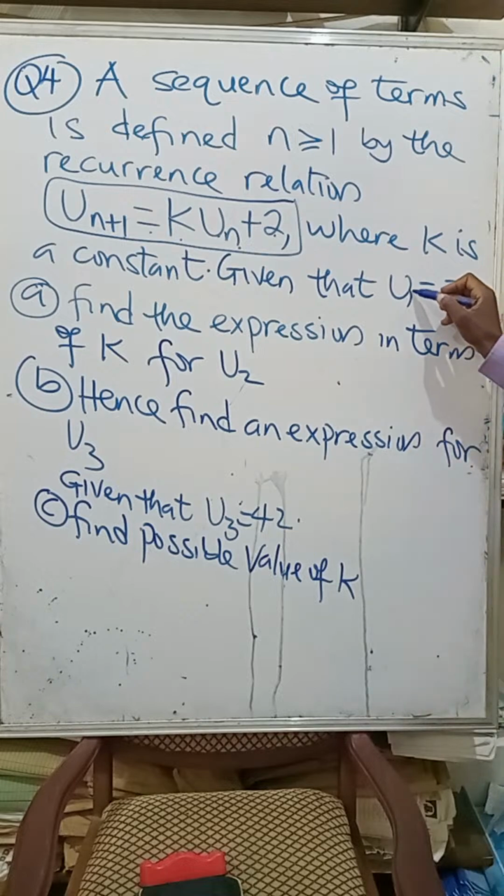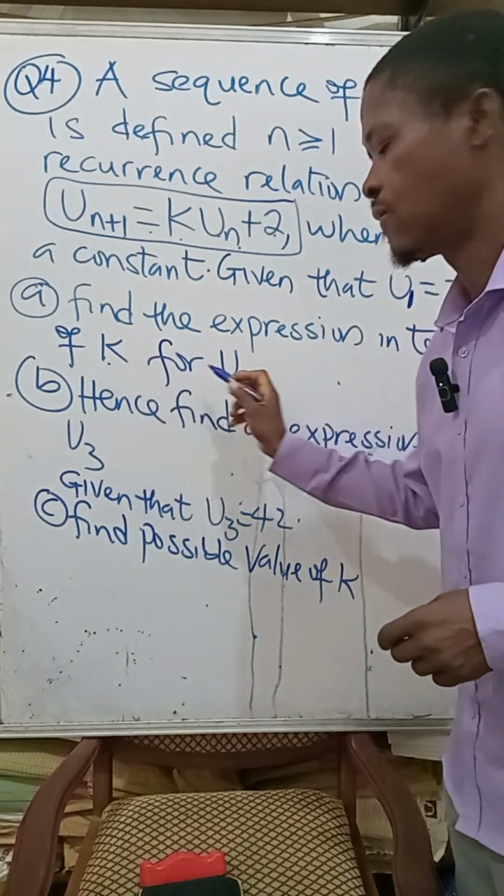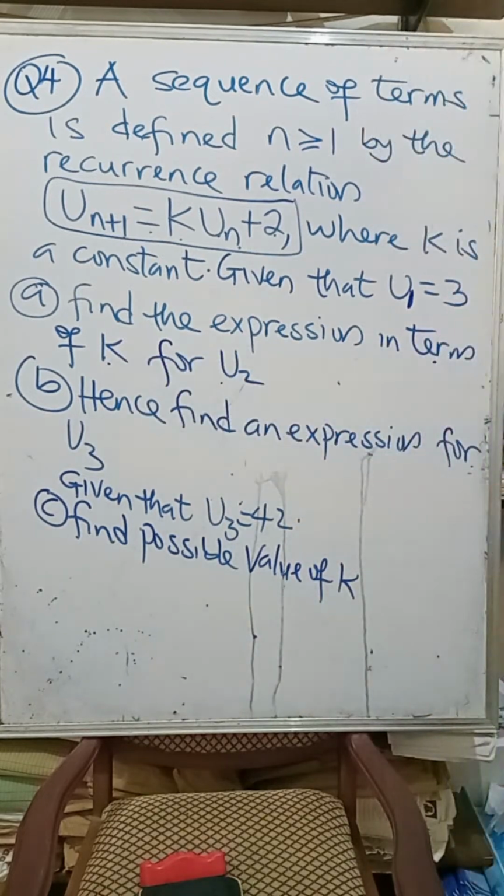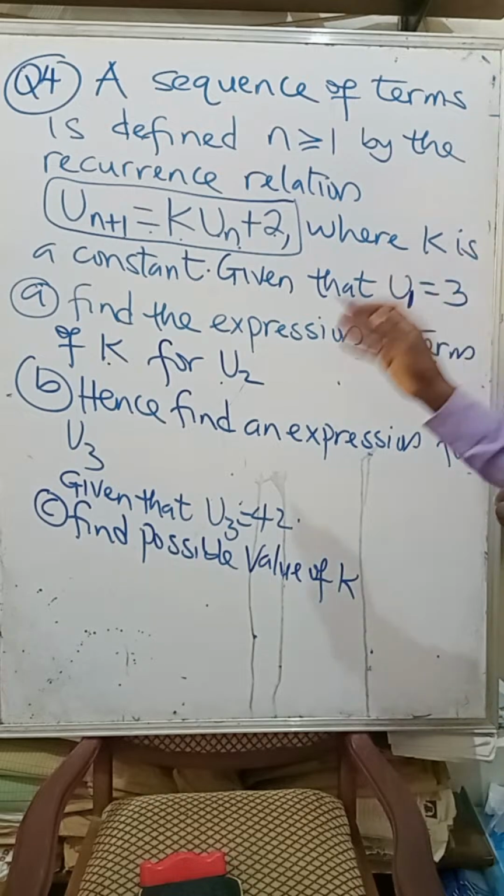Given that U subscript 1 equals 3, find the expression in terms of K for U2. Let's quickly do that, and after that go to the B part.